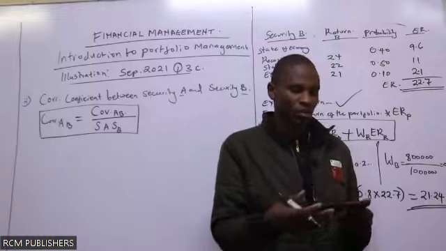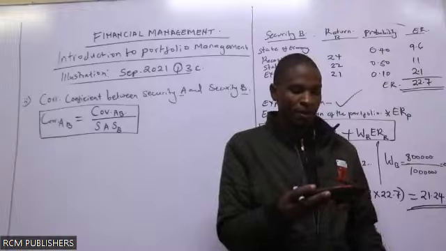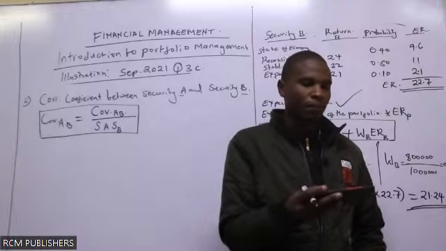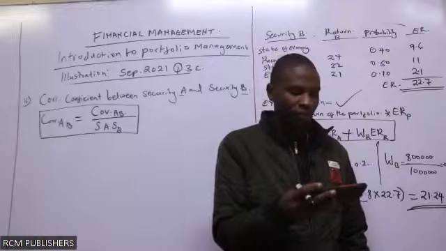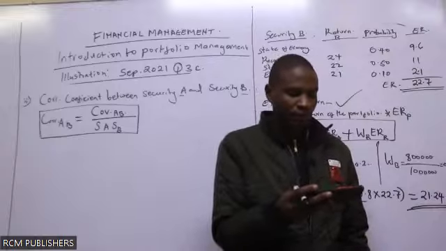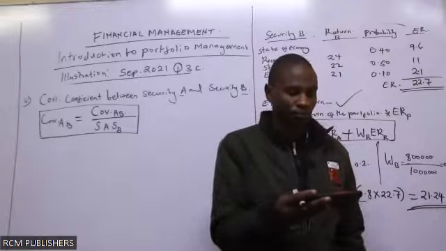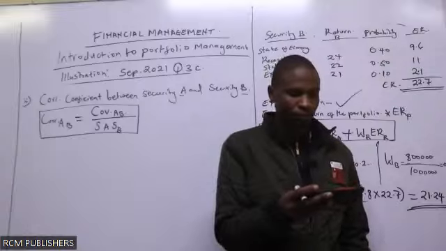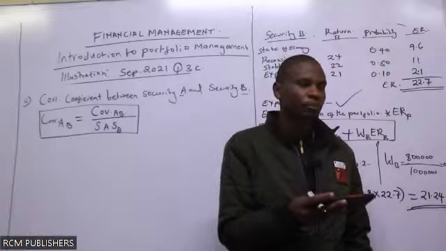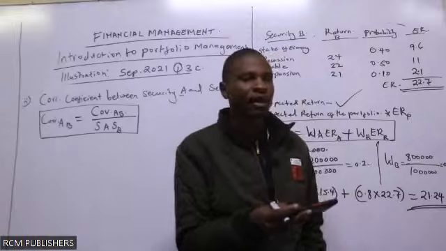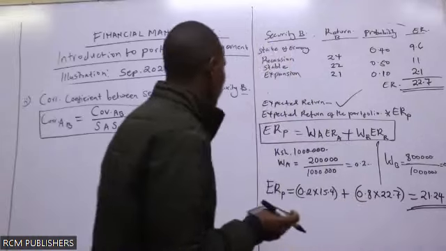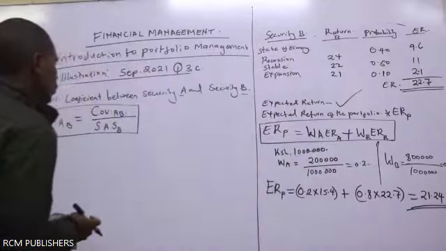So now the question comes, how do we get covariance of AB? We are provided with everything here. I think that formula will take a long time to write down there.